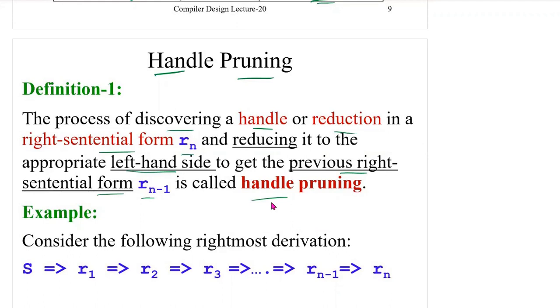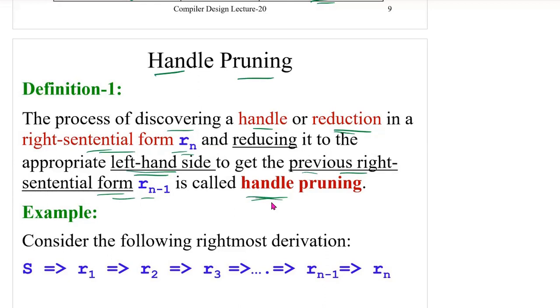In the previous process of derivation, at every step we identified the handle or reduction. The process of discovering a handle or reduction at each step in the right sentential form, and reducing that handle to the appropriate left-hand side to get the previous right sentential form, is called handle pruning.